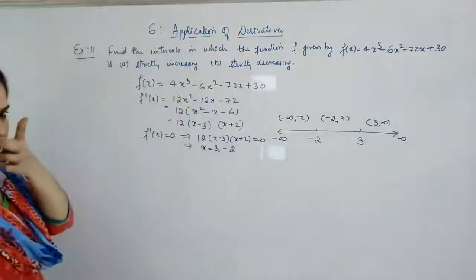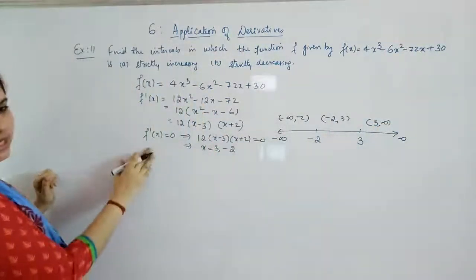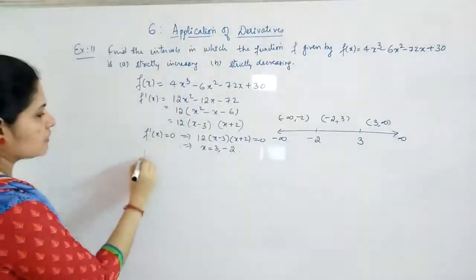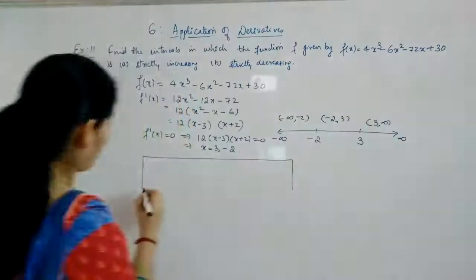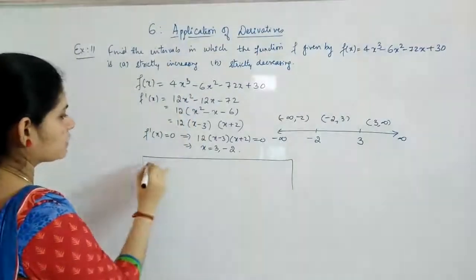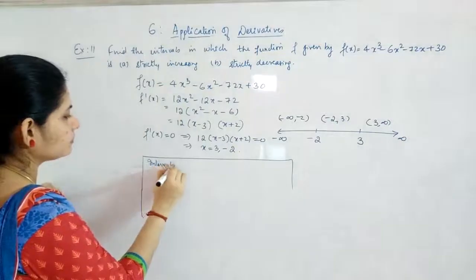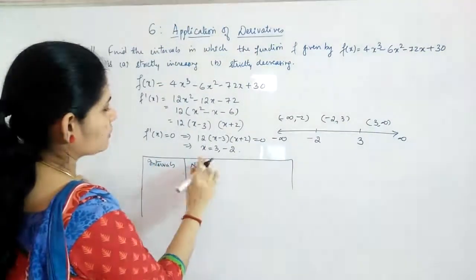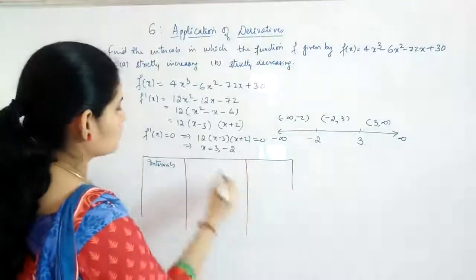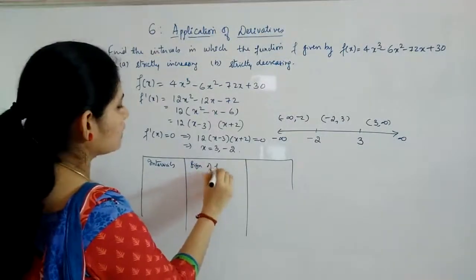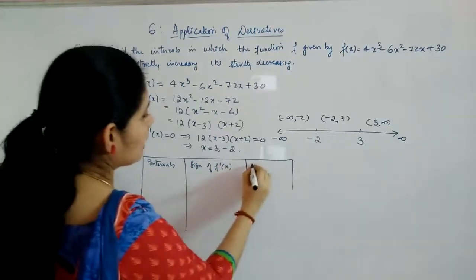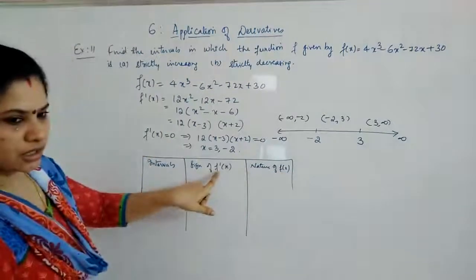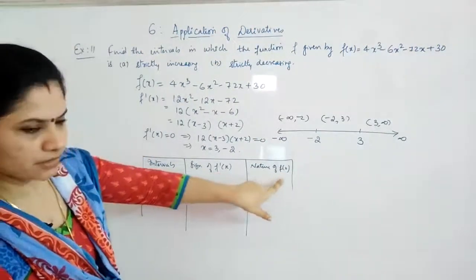These are the 3 intervals, and in these 3 intervals you have to check whether the function is increasing, strictly increasing or decreasing. For that, again we will just draw the box. First the intervals, then the sign of f dash of x in that interval, and the nature of the function f.